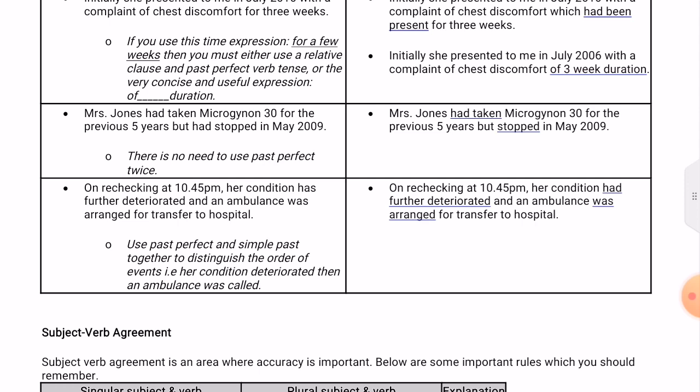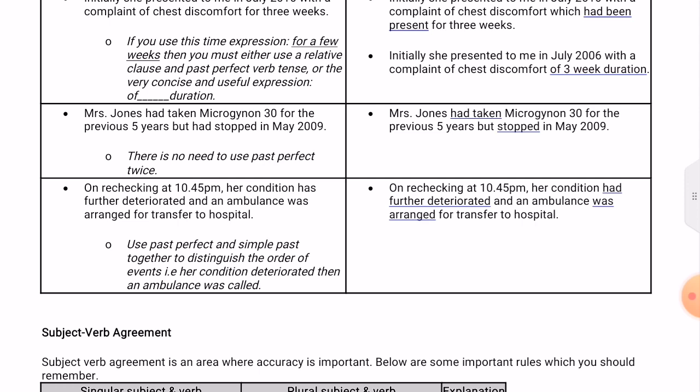On rechecking at 10:45 p.m., her condition has further deteriorated and an ambulance was arranged for transfer to hospital. On rechecking at 10:45, her condition has, before it was "her condition has", because we are going to make the past perfect tense, then we have to put "had further deteriorated", and then after that "an ambulance was arranged", which is a simple past sentence.